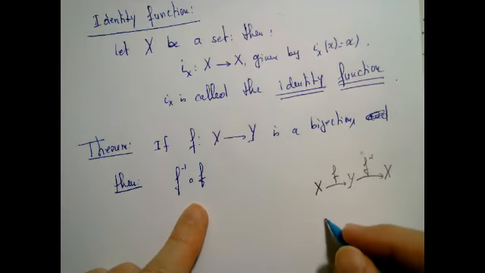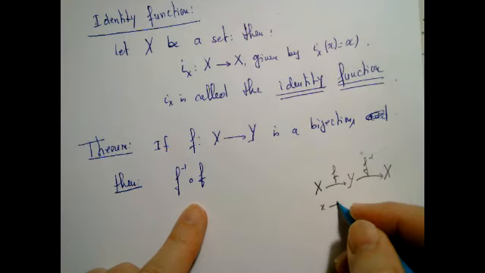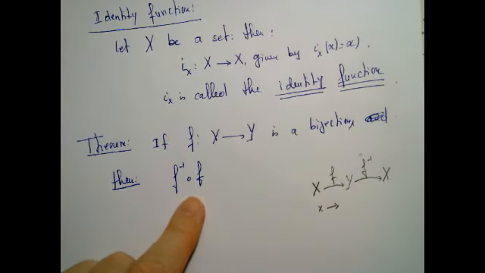That would just be the identity, because this will be sending x exactly to x.